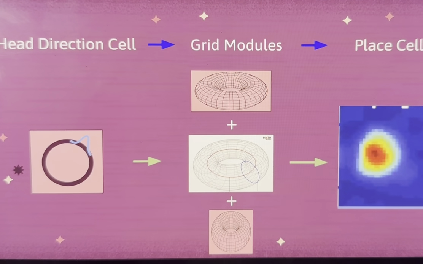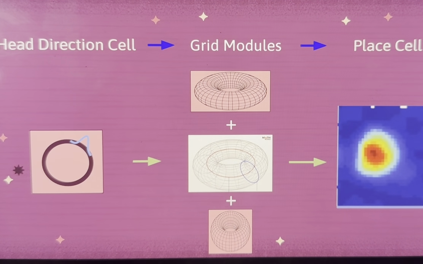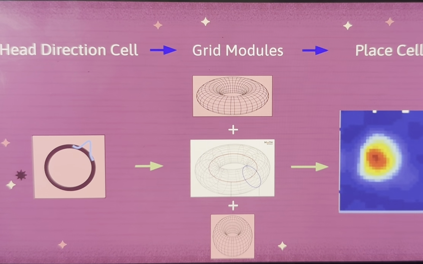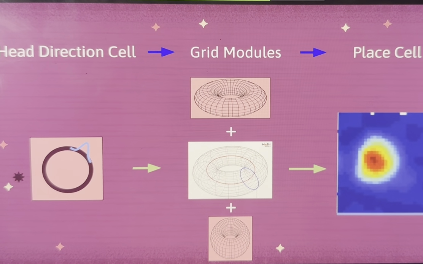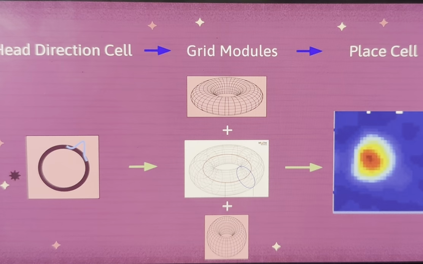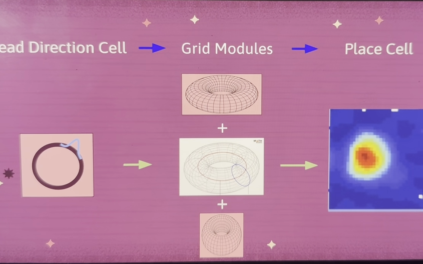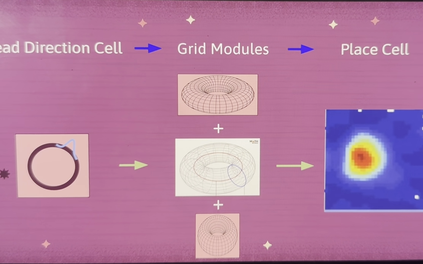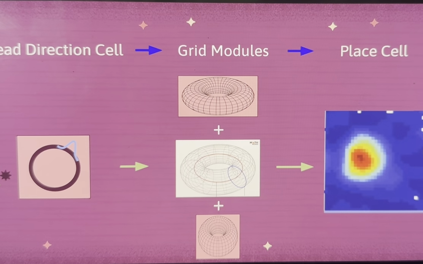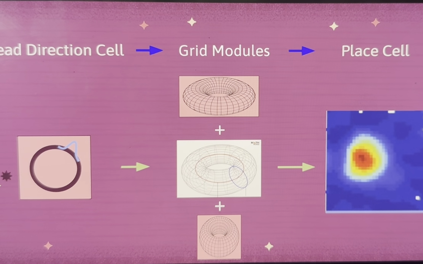So at this point, we have an understanding that head direction cells are a ring of neurons which output a bump of activity based on the direction of the animal's head. And in order to model grid cells specifically, we must add additional input to take that output model from 1D to 2D.